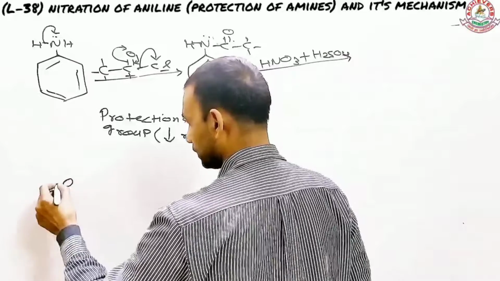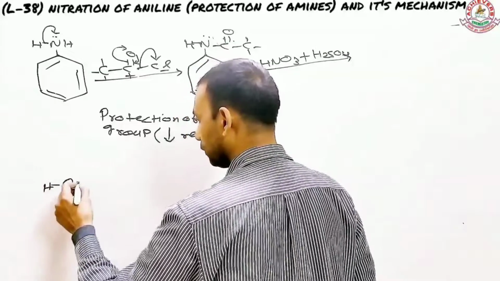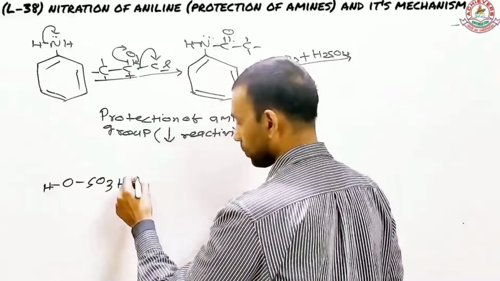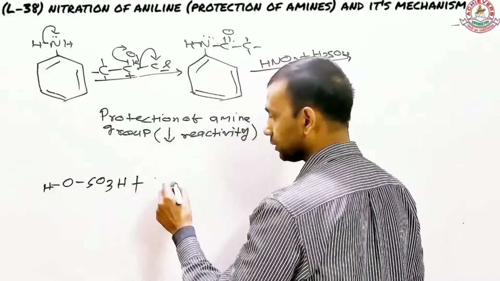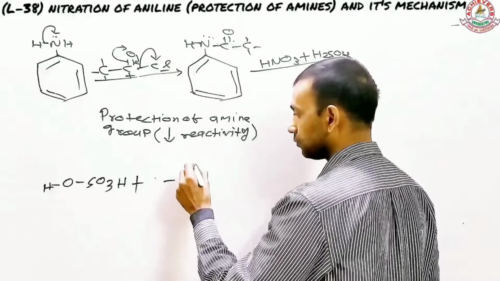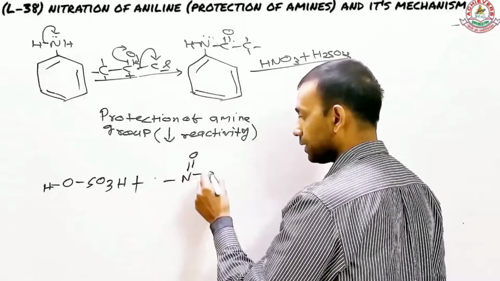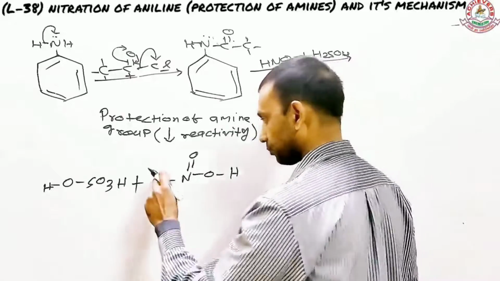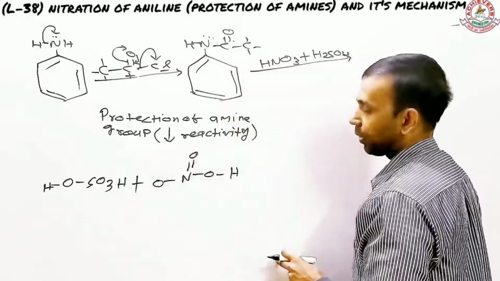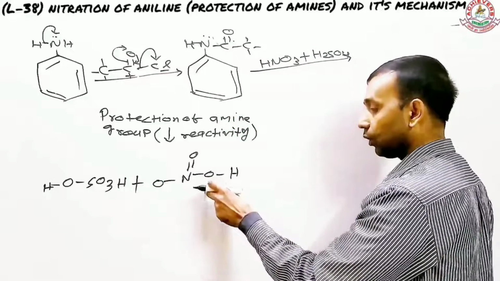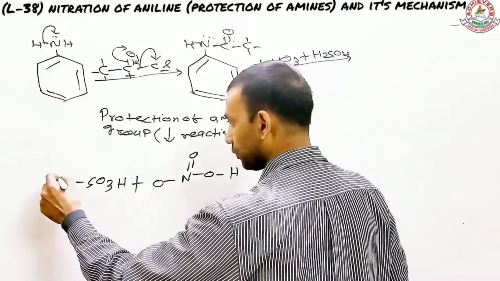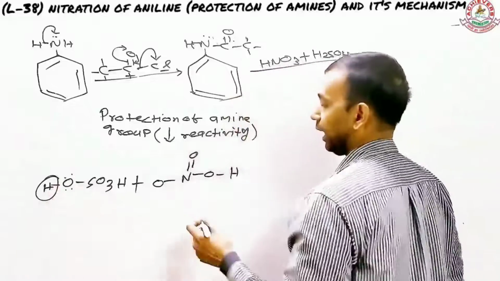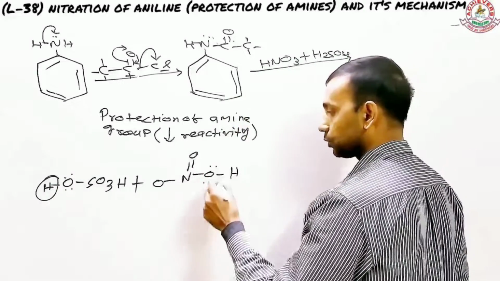So first thing, you have this H2SO4 here, and when this reacts with HNO3, you have N, you have O here and another O, and along with that you have an H here. So what happened here: this proton leaves from here and goes to the oxygen.